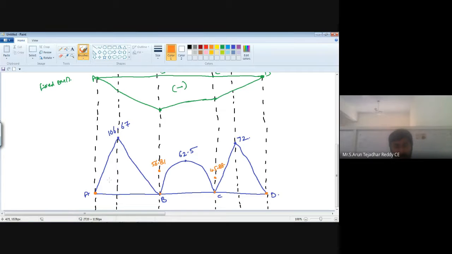Okay, now join all the points. Whatever the diagram we are having here, I am placing here, that's it. And I'll show you the plus and minus. Join this point and this point and this point.